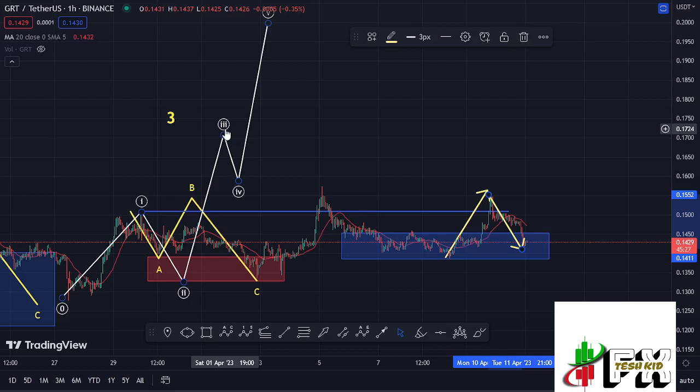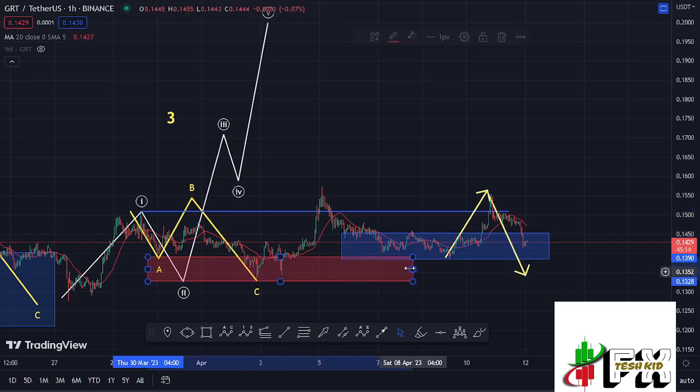But in case the CPI data is negative to the market, then we can expect further breakdown, lose our blue target area, and have a reset of the second wave, which is right here within the red target area, which lies between the $0.1392 mark and the $0.1327 mark. And in case the reset plays out and we continue holding within the red target area, then with time we can expect a reversal to the upside in the formation of that wave 3.